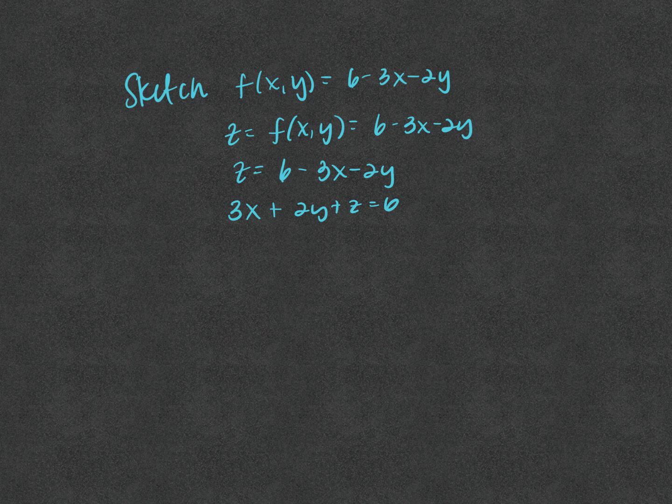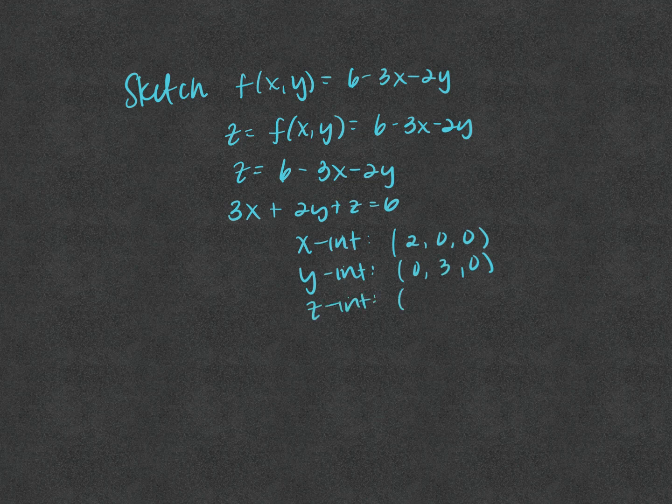And the easiest way to picture the plane is to look at the intercepts. So for the x-intercept, we pick 0 for y and z. So we have x equals 2 when you pick 0 for y and z. The y-intercept, we're going to pick 0 for x and z. We divide to get 3. And the z-intercept, we let 0 be used for x and y, and z equals 6.